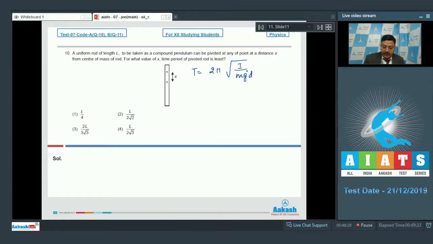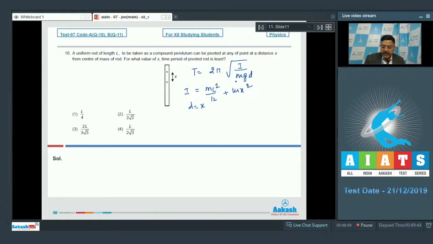So in our case, the value of I will be ml square by 12, applying the parallel axis theorem, plus mx square, and the value of d is simply x.